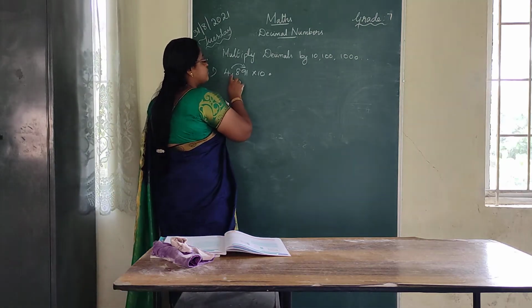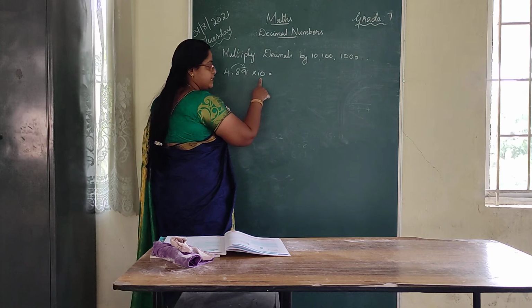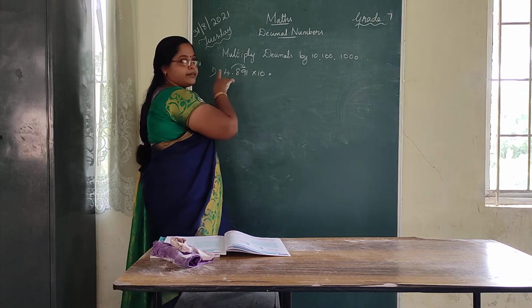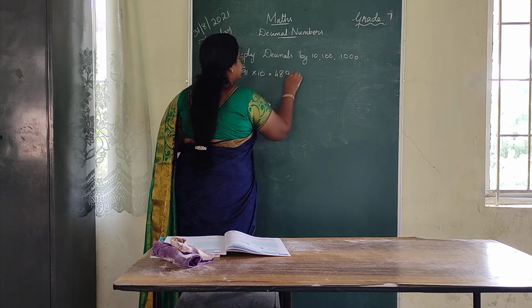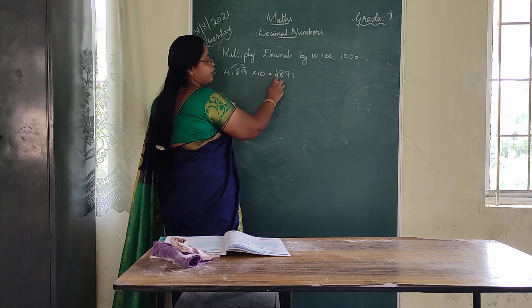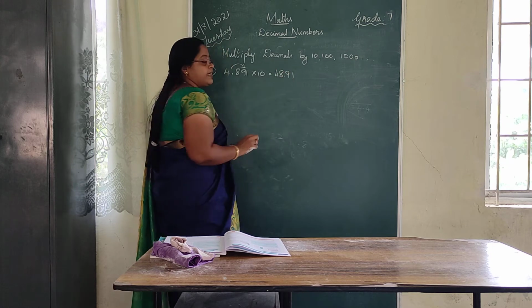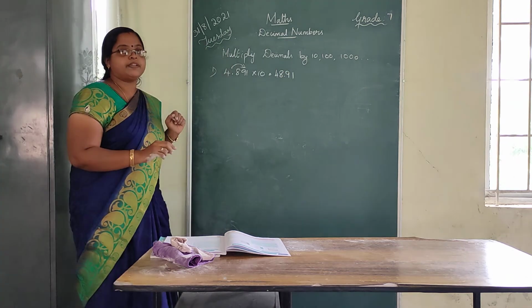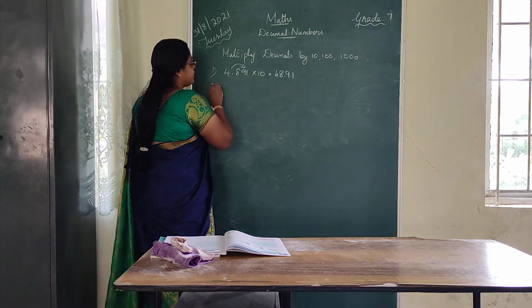How many steps will it move forward? You have one digit 0, so it will move one step forward. So the answer is 48.91, the point moving to in between 8 and 9. Do you understand?